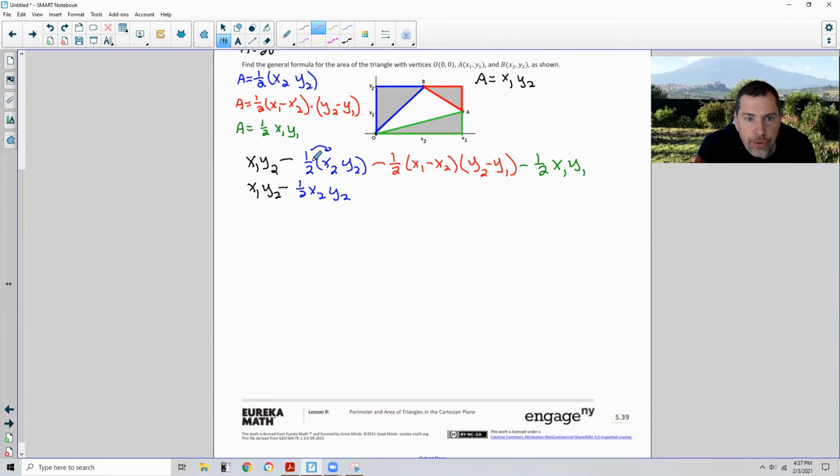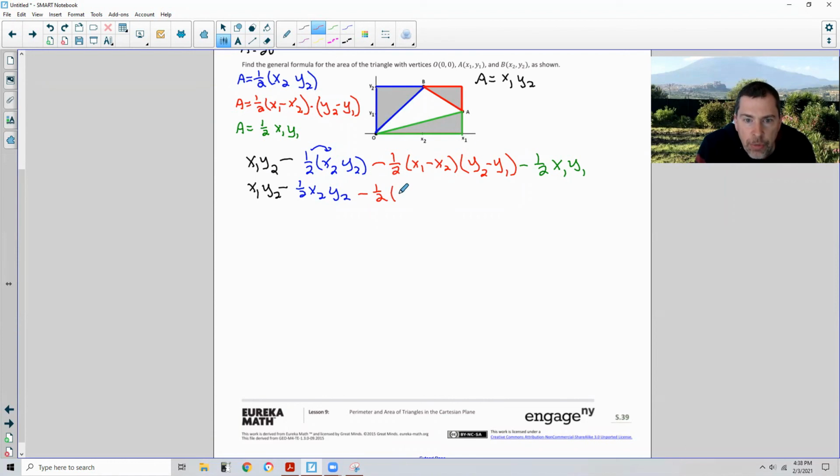So what did I just do here? I distributed here, but right here, this would only be distributed to this at this point, but I need to FOIL this. So I'm just going to do that first, minus 1/2, and FOIL would be x sub 1. First term means first times first, so it would be x sub 1. So I'm going to put a parentheses here because it's 1/2 this whole thing.